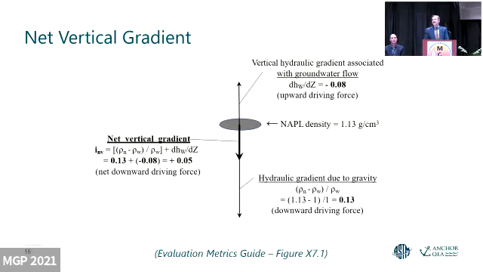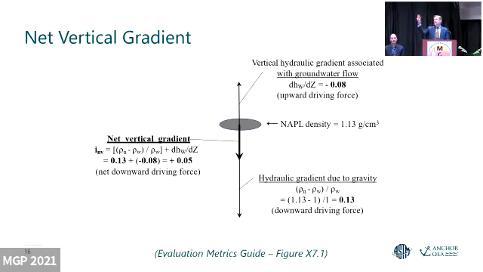Let's say we're in sediment under a waterway and we've got NAPL right here. In this case, it's a DNAPL. It's got a density of 1.13 grams per cubic centimeter. Because of its density, that creates a downward driving force known as the hydraulic gradient due to gravity. And in this case, it's 0.13. It's basically the density contrast between the DNAPL and the water. So that's a downward vector acting on the DNAPL.